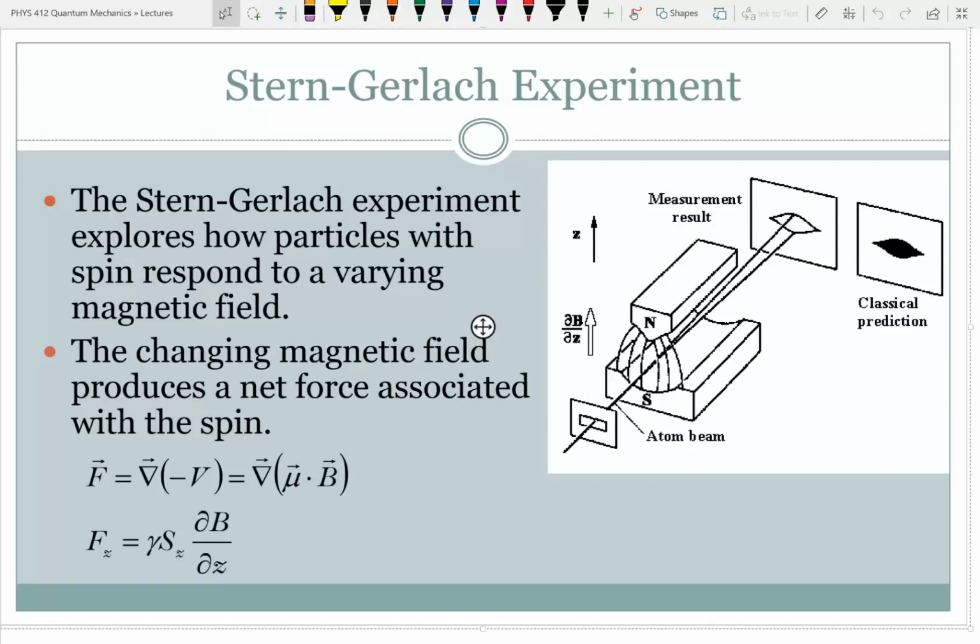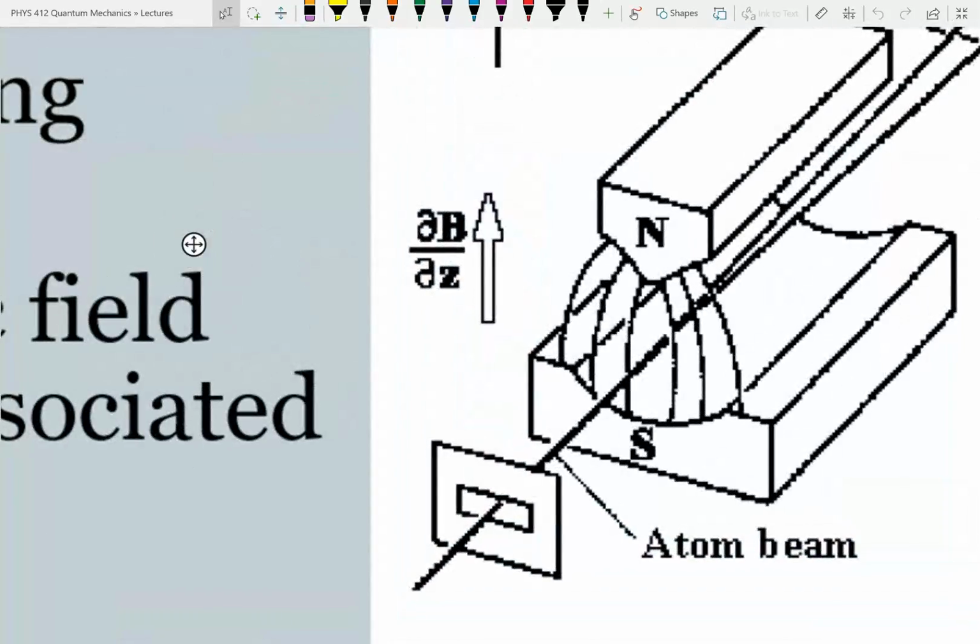Now, the Stern-Gerlach experiment is one of those really important experiments to illustrate that electrons have quantized spin orientation, that it can only be spin up, spin down, no matter what direction you choose to put your external magnetic field. The Stern-Gerlach experiment is illustrated here. You have a region that has a magnetic field gradient.